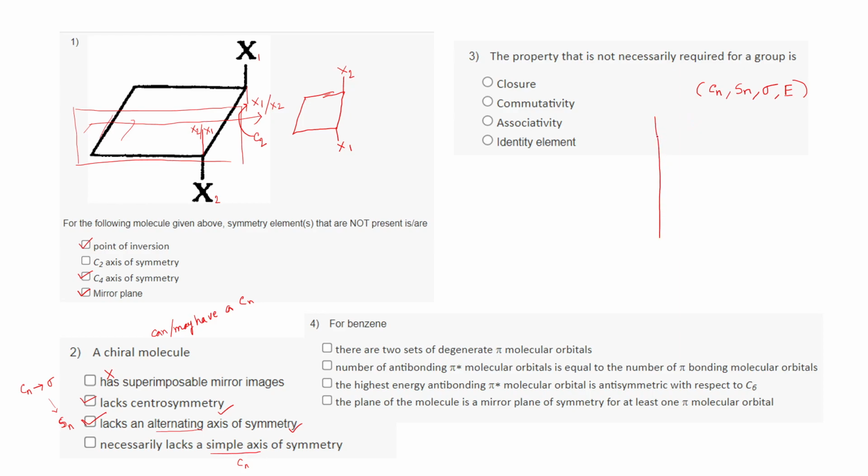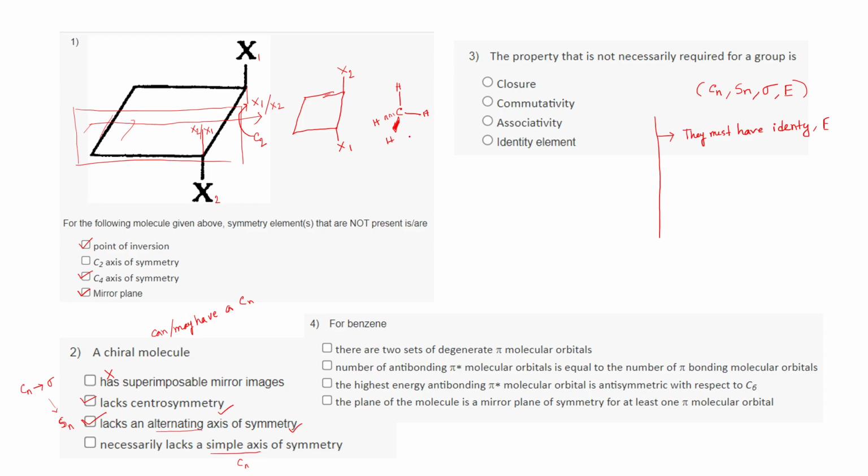So let me tell you one by one. They must have an identity operation. Identity is nothing but, suppose, let me take a molecule, CH4 maybe. This is a simpler molecule. Let me take CH4, tetrahedral shape, all the atoms attached are hydrogen.